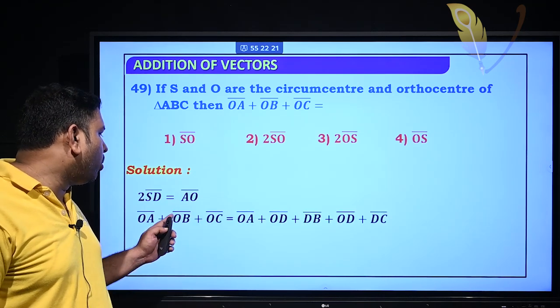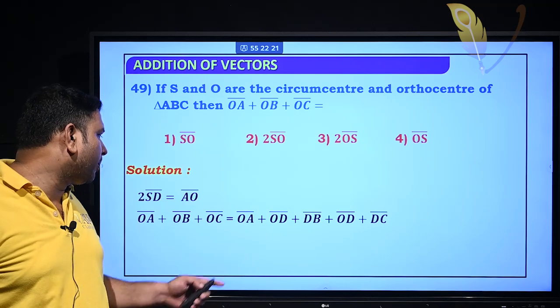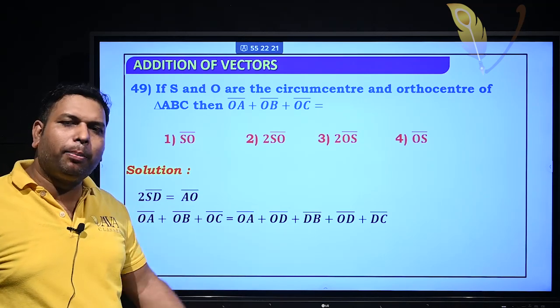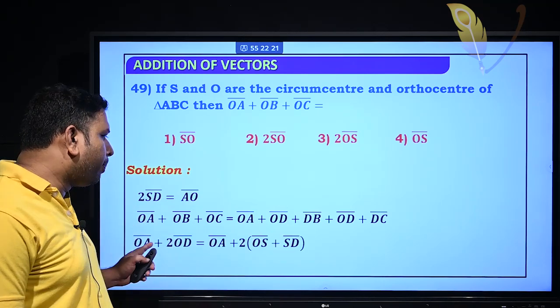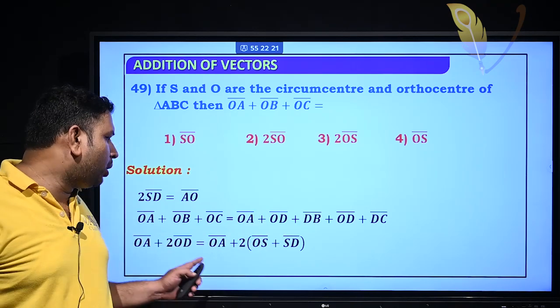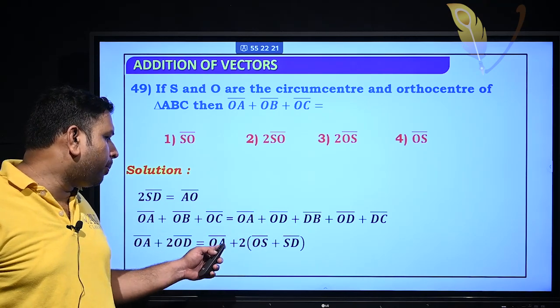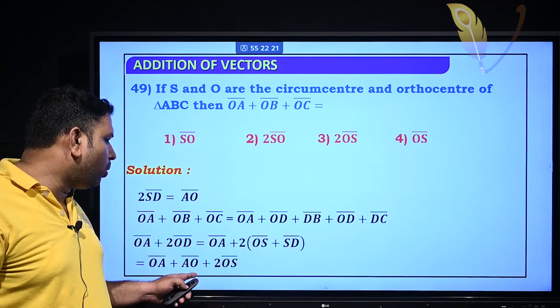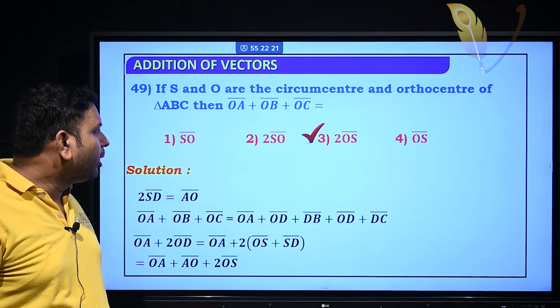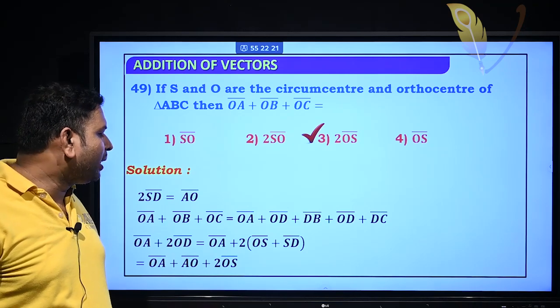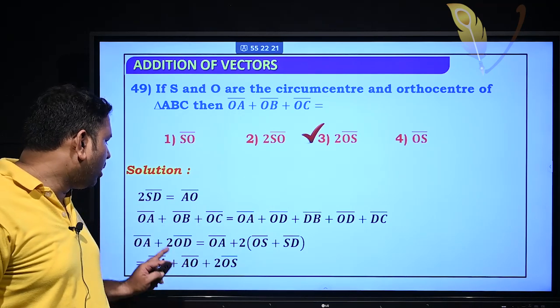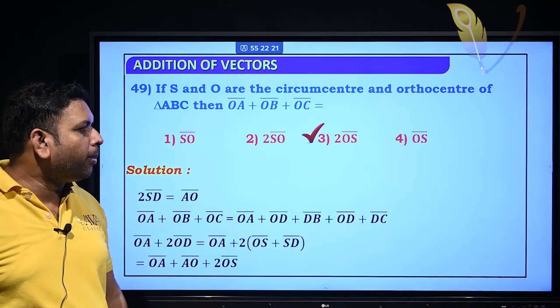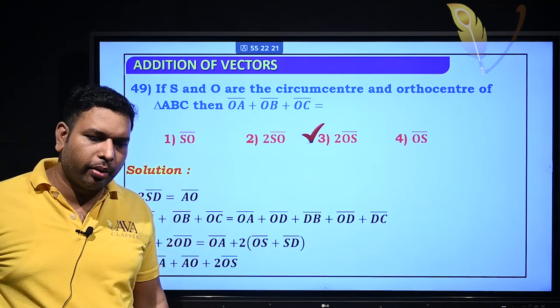So OA plus OB plus OC equal to OA plus OD plus DB plus OD plus DC. So OA plus OD plus OD is 2 times OD. This is equal to OA plus 2 times (OS plus SD). So it is OA plus AO plus 2 times OS. By simplification, OA plus AO is 0. So it is 2 times OS. So third option is the right option, students.